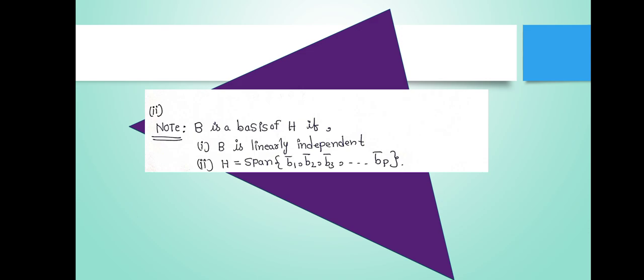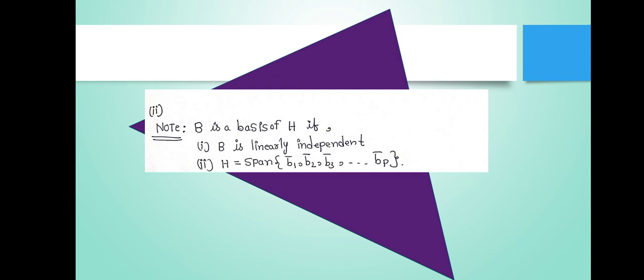Note, let B be a basis for H. In case B is a basis for H, H is equal to the span of B, so B is a spanning set. B is a basis of H if B is linearly independent. If B consists of linearly independent vectors, it means using V1, V2 we cannot get V3, and using V1 we cannot get V2.